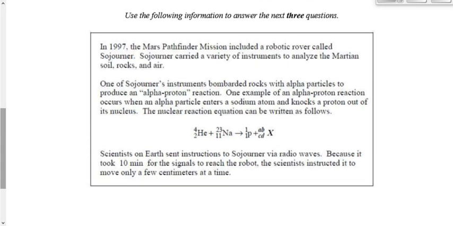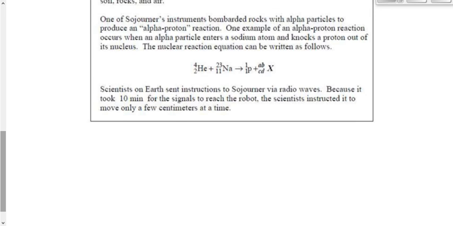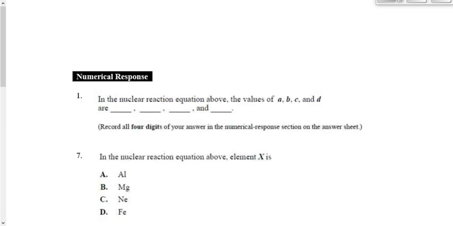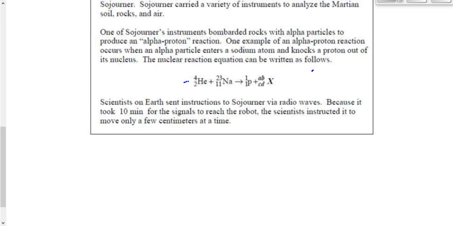And then we have some information about this Mars Pathfinder mission. We got to figure, when you see this, probably going to have to balance that, right? What are they asking me here? Balance it. What are the values of A, B, C, D? 4 plus 23 is 27. 2 plus 11 is 13.